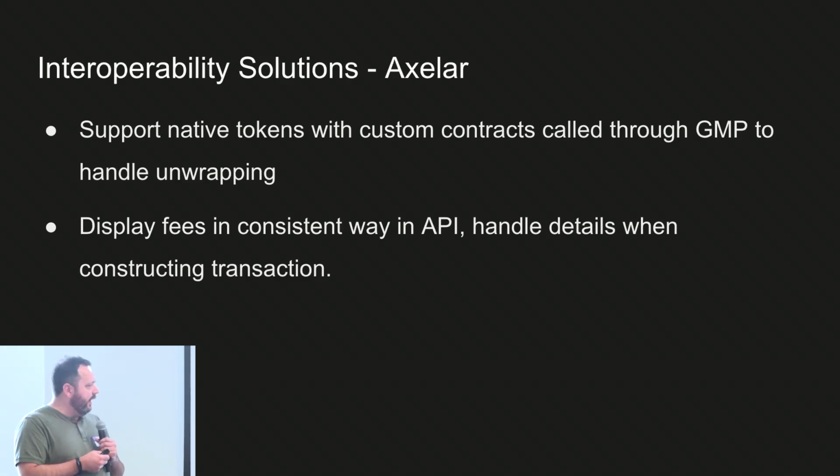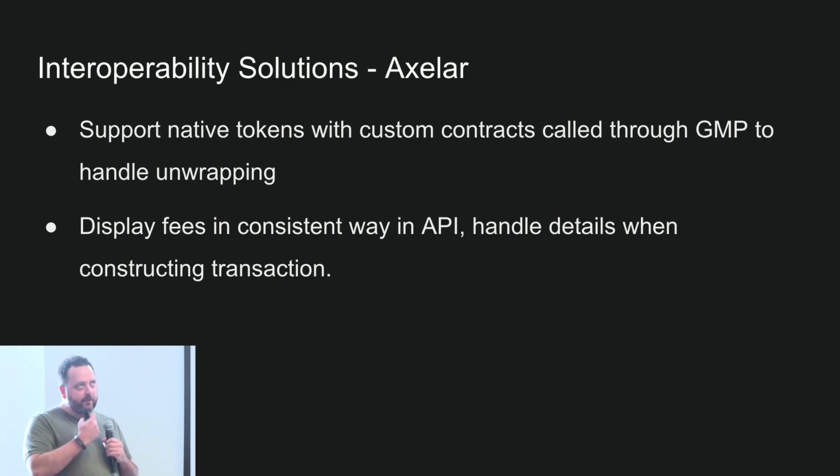This has a shortcoming on chains like Base, where what you end up with is an Axelar wrapped Ethereum, and there really aren't liquidity pools to swap that to Ethereum with sufficient liquidity. So it doesn't get us all the way there, but it gets us most of the way there.